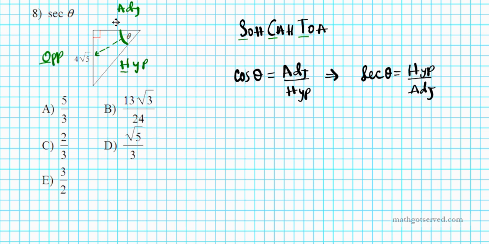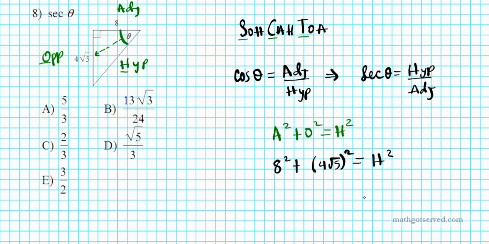We know a, we don't know h, but we can use o and a to find h. The formula that relates all three sides is the Pythagorean theorem. The trig variation is a squared plus b squared. So adjacent squared plus opposite squared is equal to the hypotenuse squared. All right. So the adjacent is 8 squared plus the opposite, 4 root 5 squared, is equal to h squared.